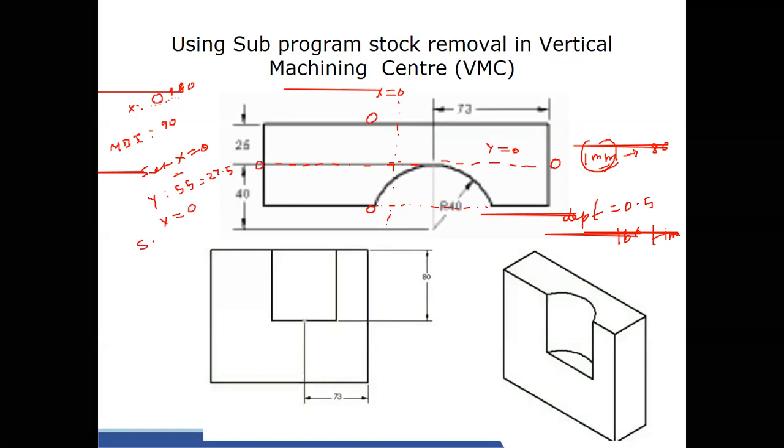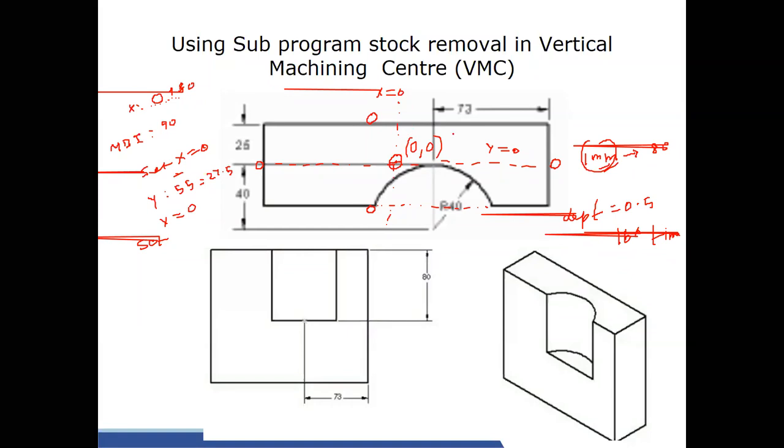I am giving input. It is a user defined coordinate system. Whenever the tool is at this location, the system will understand that it is at the origin, the home position. If you look at the machine coordinate system, that will be somewhat different.